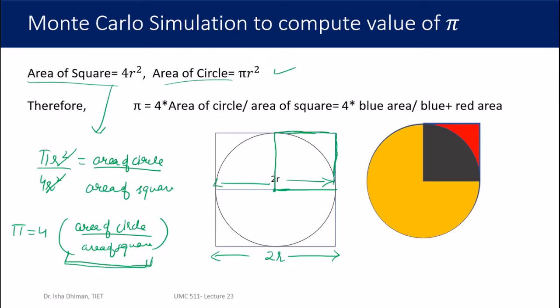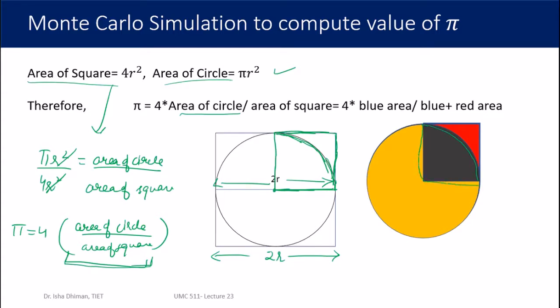So even in this portion, if you take this area of the square and this 1/4 of a circle, and compute the ratio, it is going to be the same because of the symmetry. So it's sufficient to do the calculation for this portion. This portion has been highlighted here. So the area of the circle means this area.